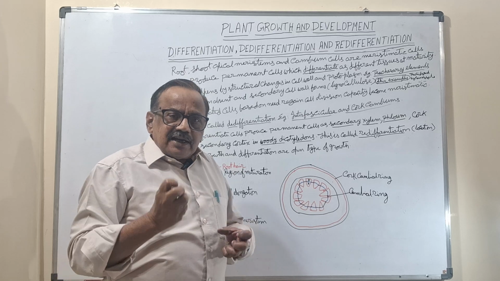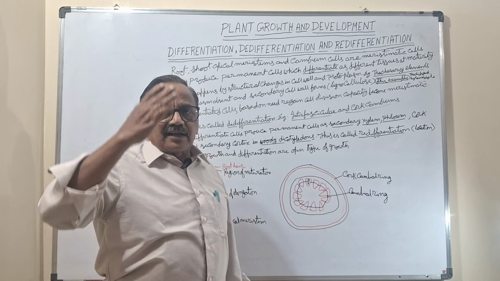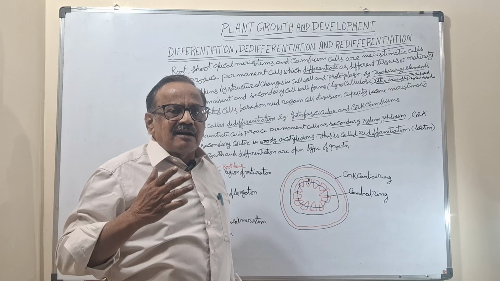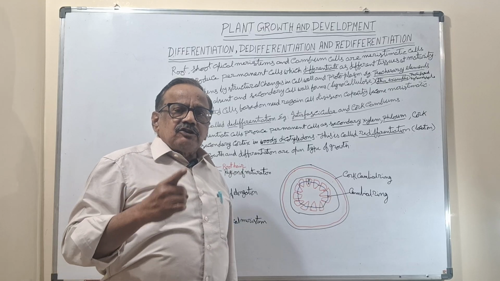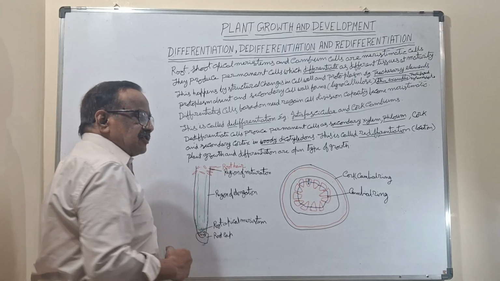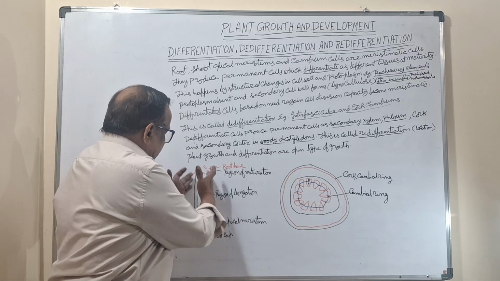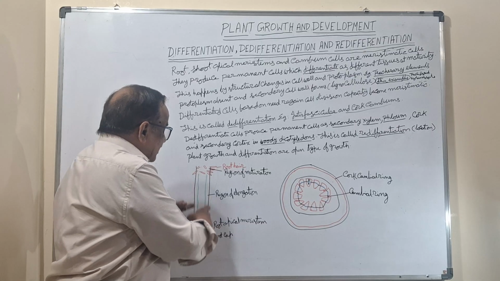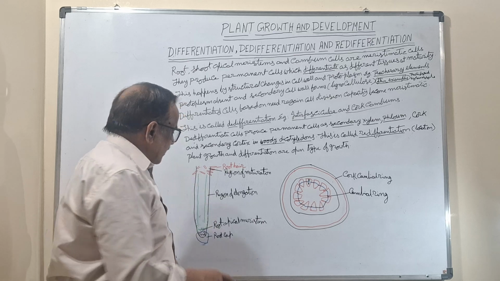It means they get vacuoles and increase in size 8 to 10 times, meaning 80 to 90% of the cell is occupied by the vacuole. Such vacuoles form in the elongation zone, and all the cells present here are undifferentiated cells. They are the permanent cells which arise from the root apical meristem.